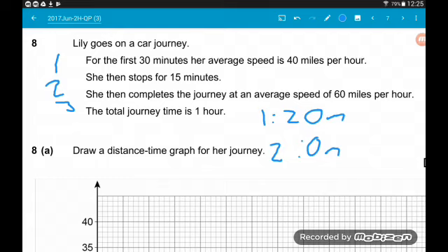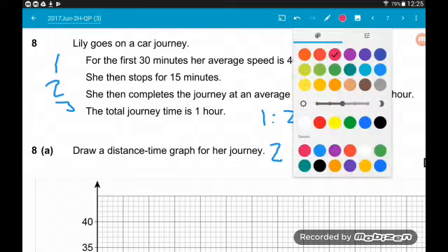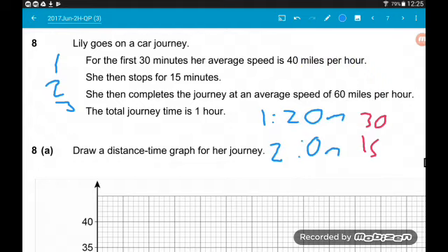So up to there, the first part of the journey was 30 minutes. The next part of the journey was 15 minutes. So we're told she completes her journey at an average speed of 60 miles per hour, and the whole journey takes 1 hour.